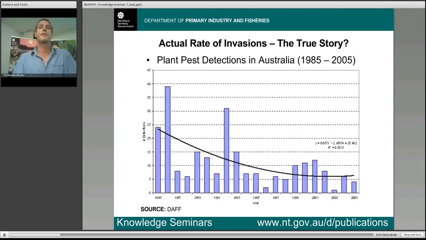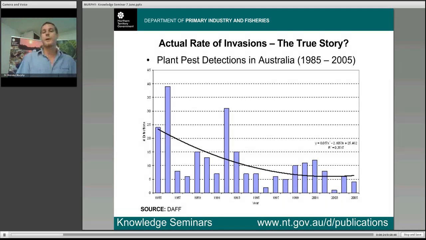So this is data I had from DAF and I mapped out, and this is the actual reported rate of invasions for Australia. The significant thing we see here is that the trend actually seems to be decreasing over time. Our expectation based on globalisation is that this should be increasing. Now it's important to note that there's a difference between the rate of discovery, our detection rate, and the rate of invasions, because we're not actually measuring the rate of invasions, we're just measuring the things that we actually find.